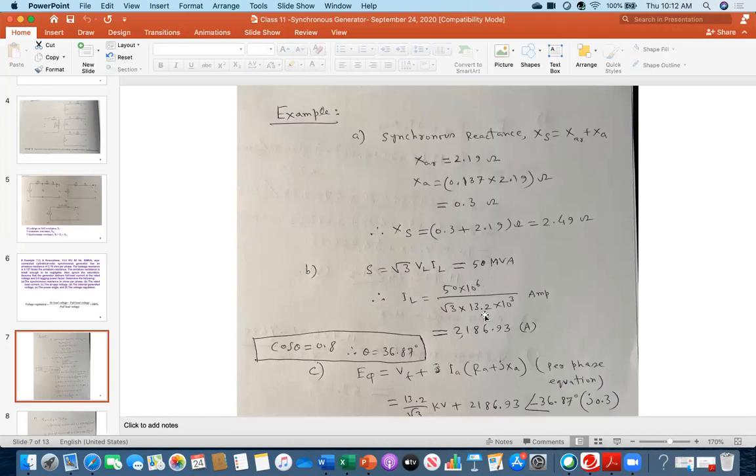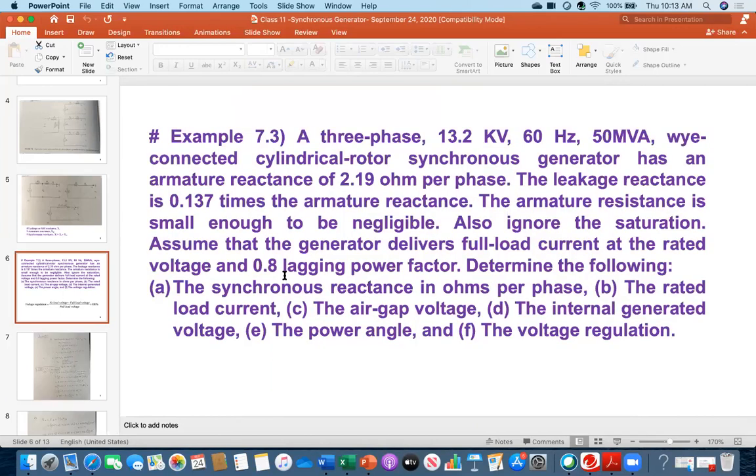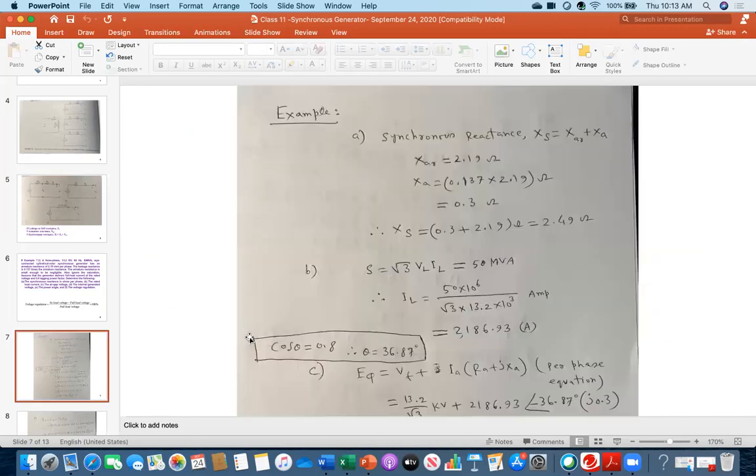Then VL, that 13.2 kV multiplied by 10 to the power 3, I converted into volts. So I got approximately 2186.93 ampere. And then the power factor value was given, 0.8 lagging. So I take cos theta, and I calculated theta as 36.87 degrees. Later I will be utilizing this theta.